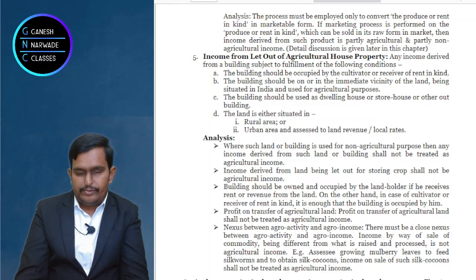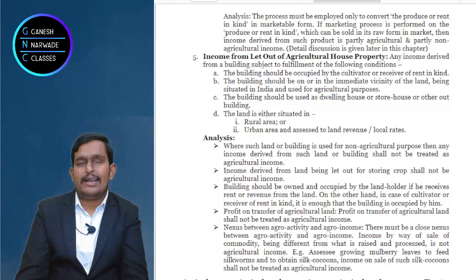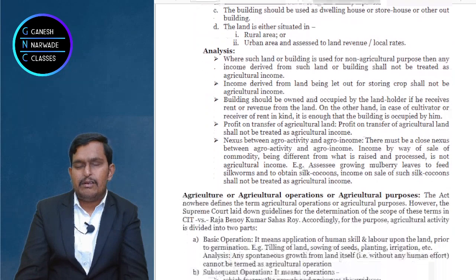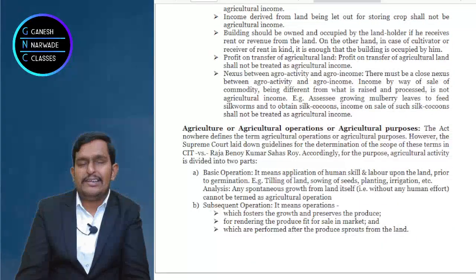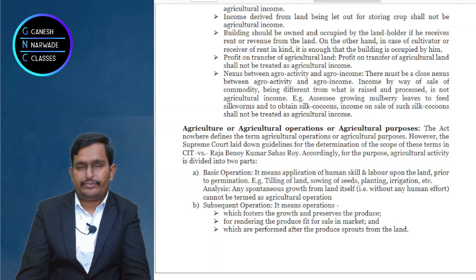Now sometimes what happens, we have to understand what agricultural operations are. Agricultural income, I explained, is defined in section 2 clause 1A. But what agricultural operations are, the Income Tax Act did not define.